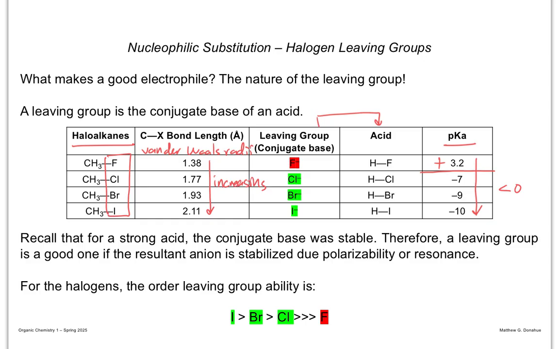It's if its conjugate acid has a pKa less than 0, that's going to be a good leaving group. So in terms of the ability of leaving groups, iodine's the best, followed by chlorine, followed by bromine, and fluorine is not a good leaving group.